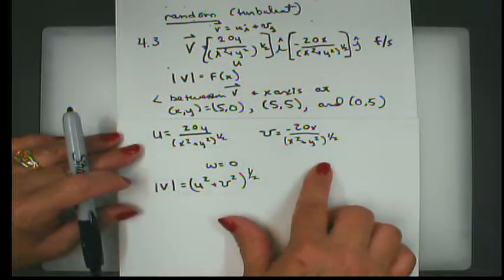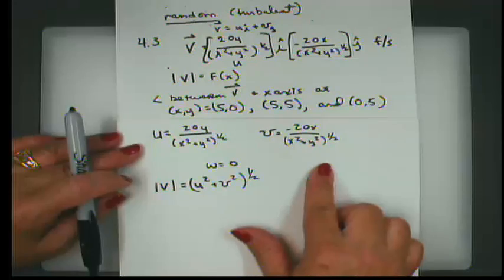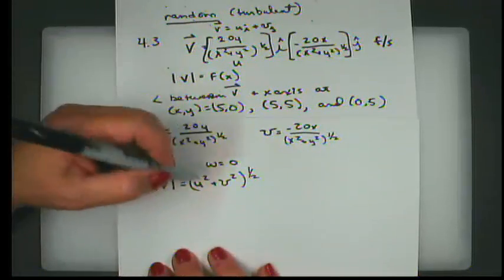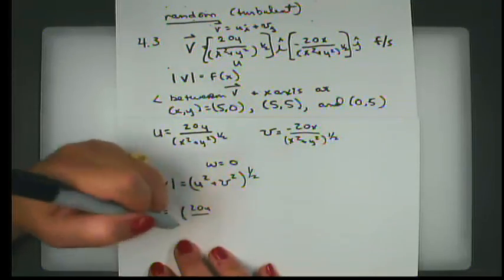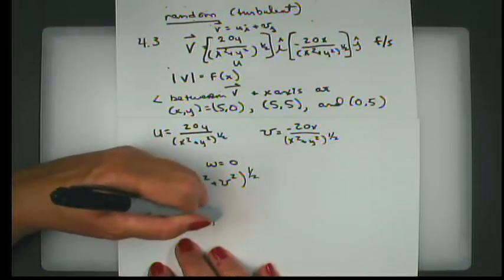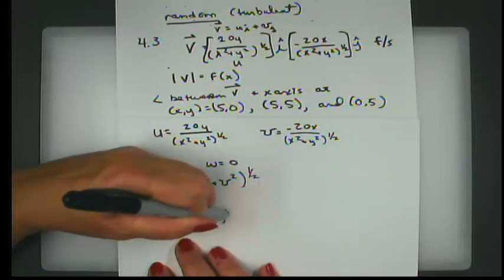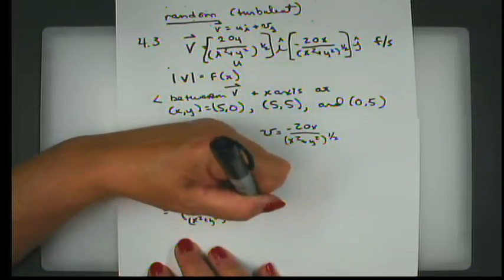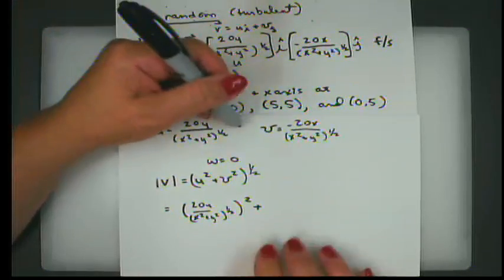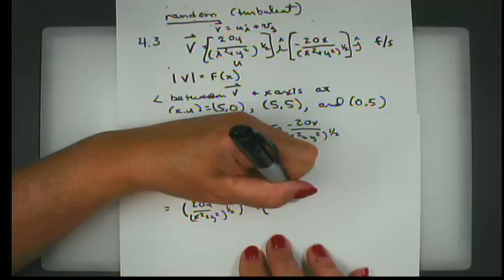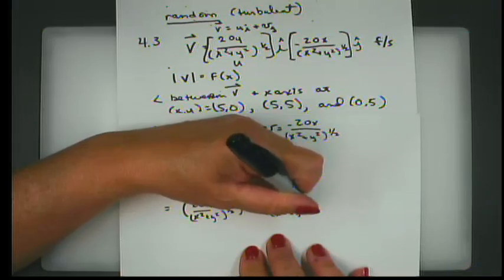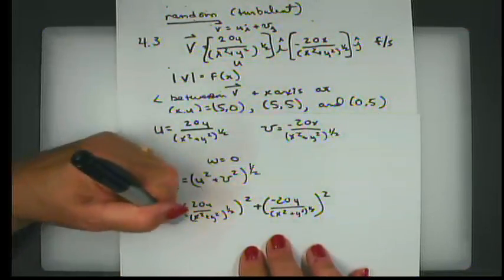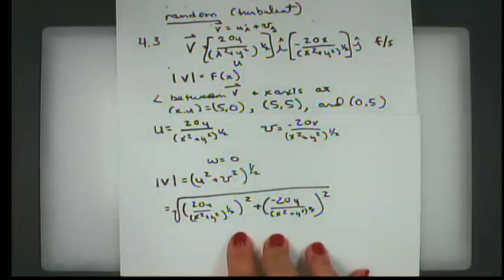And we have our values of u and v, so we can just plug in 20y over (x squared plus y squared) to the 1/2, quantity squared, plus negative 20x over the same thing, (x squared plus y squared) to the 1/2, quantity squared, and then we will take the square root of that quantity.